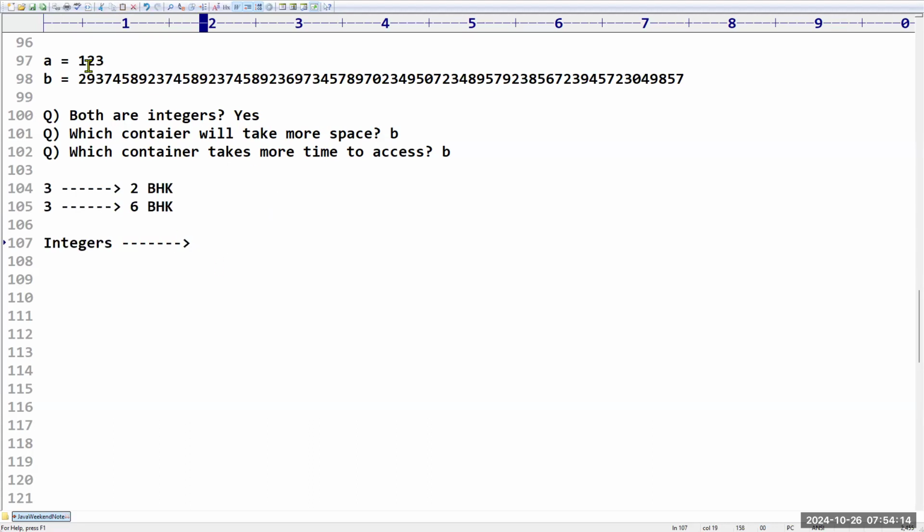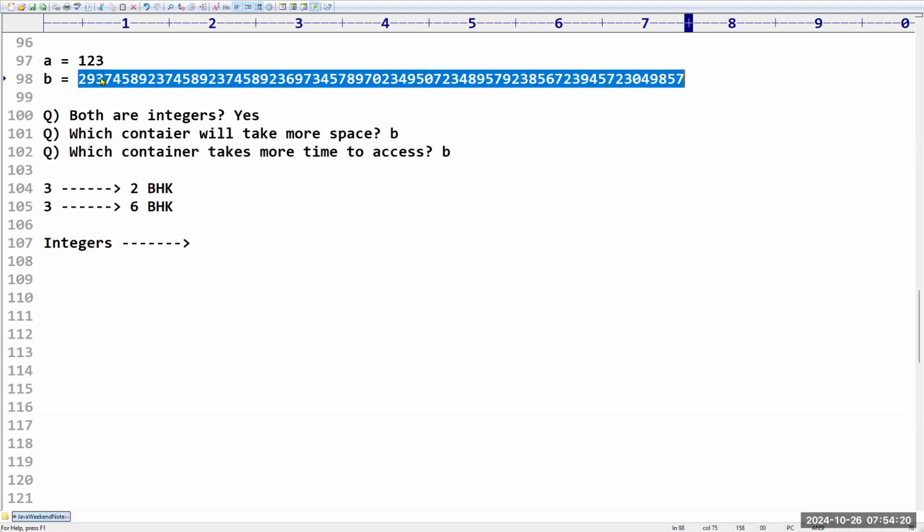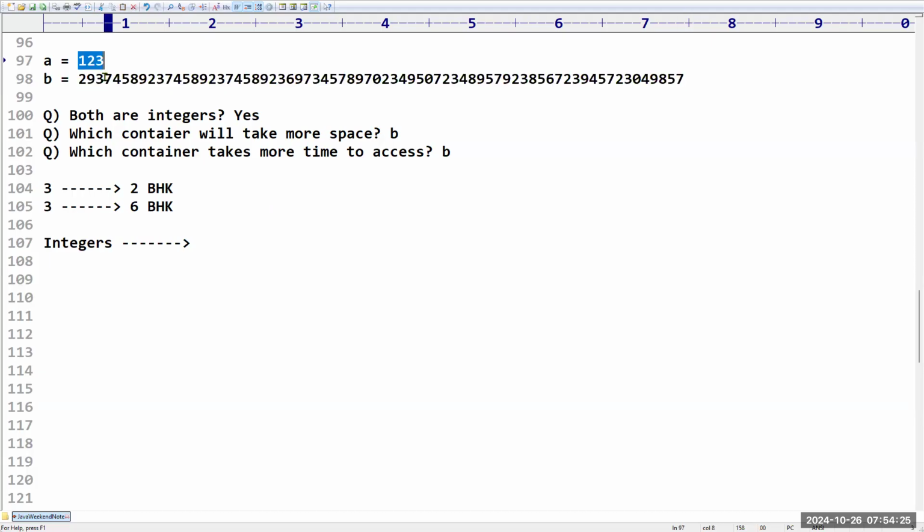Because for a certain category we have smaller values, and for a certain category we have larger values. Based on that, integers are again classified into four types. The first one is called byte, the second is short, the third is integer, the fourth is long. Don't worry, we will talk about this in detail.